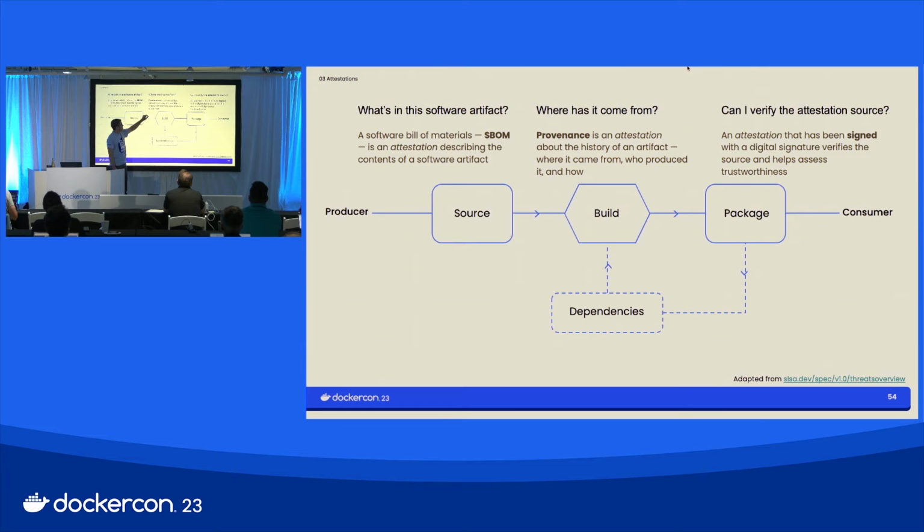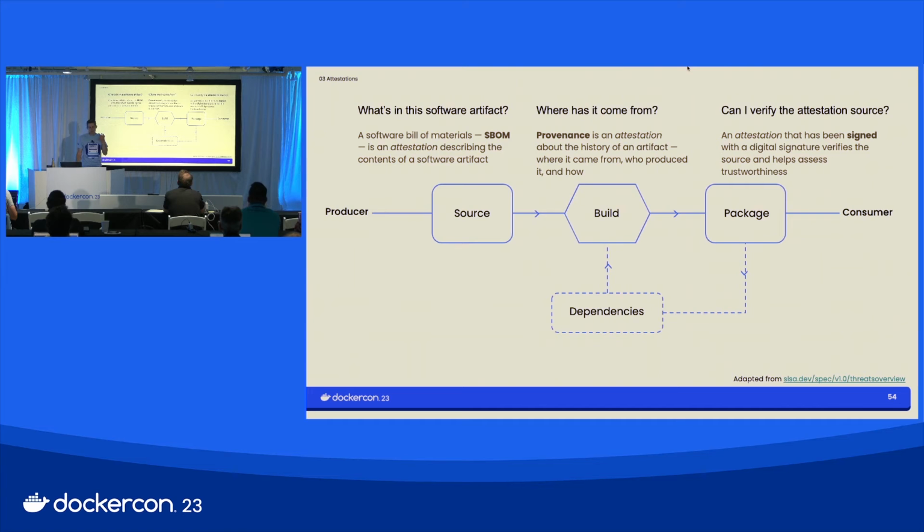How we describe the build is what's called our provenance. It's a different type of attestation about how something was created. This is your recipe for how you're making your coffee. It contains information about where it was built, how it was built, what the environment was, what the operating system was, these sorts of things.